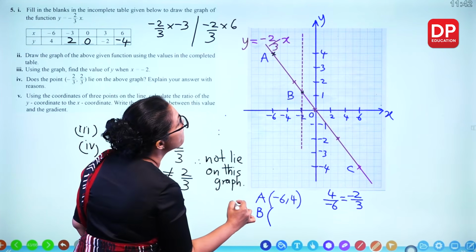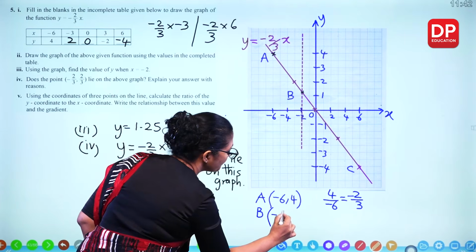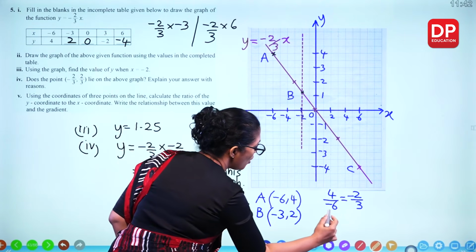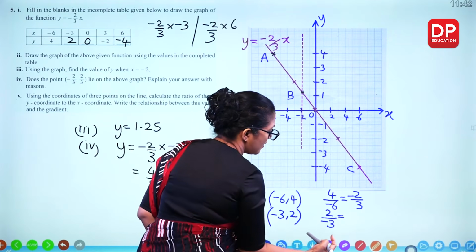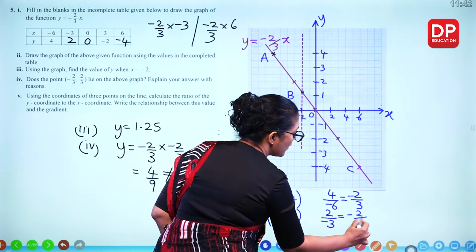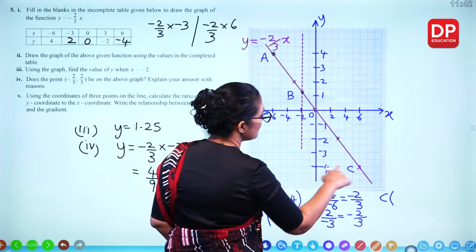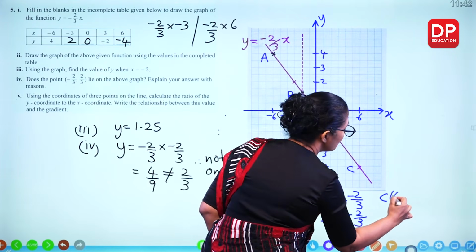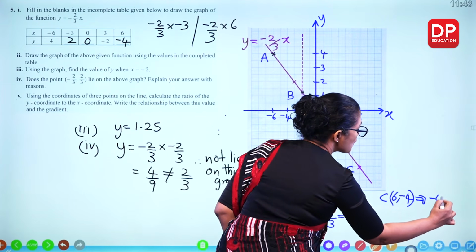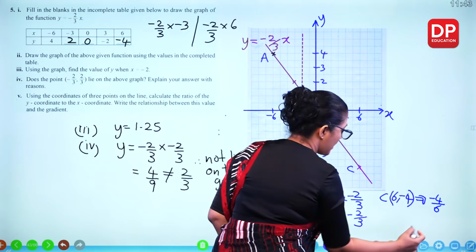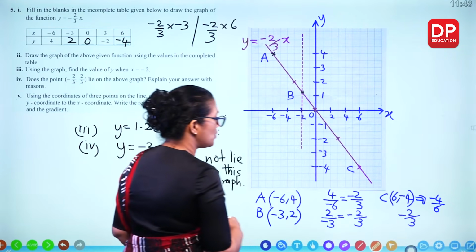Take B. B is minus 3, 2. What's the ratio? Y is 2, x is minus 3. You get minus 2/3. Now take point C. 6 and minus 4. What's the ratio between y and x? Minus 4 and 6. When you simplify, you get minus 2/3.